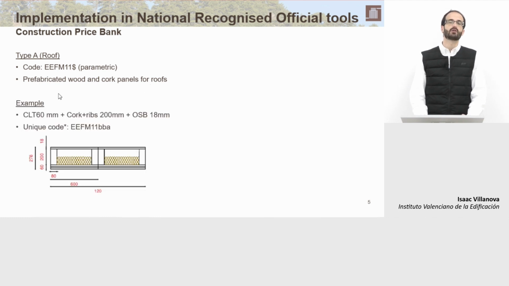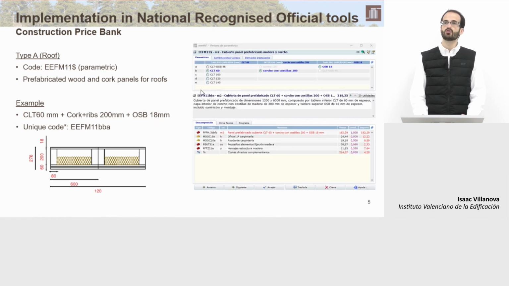For example, if we need to choose one kind of roof, like this one from here, that is made with CLT of 60 millimeters in the below layer, an inner layer of cork for insulation and ribs of 200 millimeters tall for structural purposes, and the outer layer made with OSB of 18 millimeters. These 3 parameters should be chosen in the price bank.